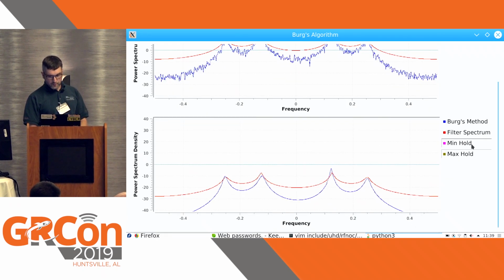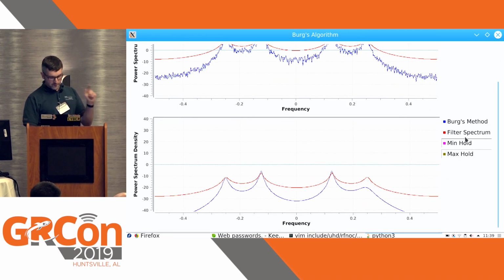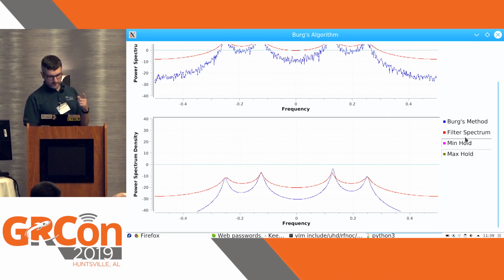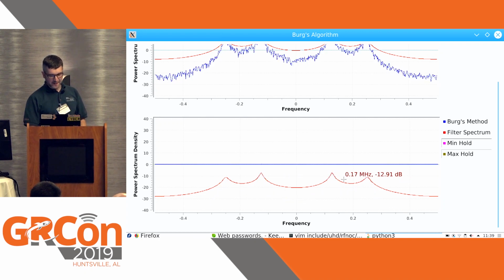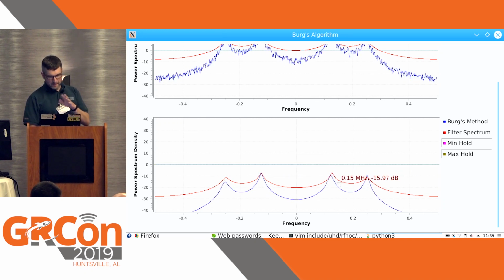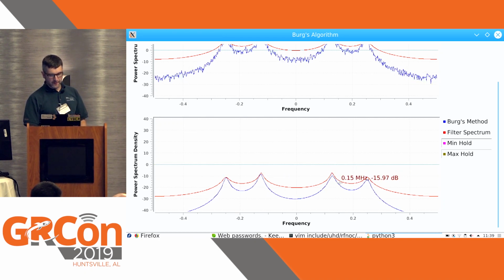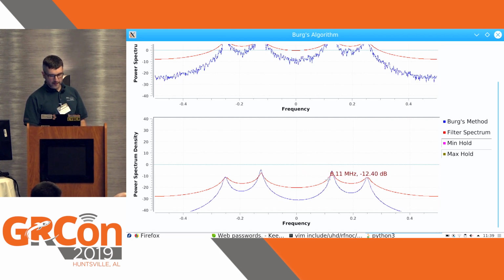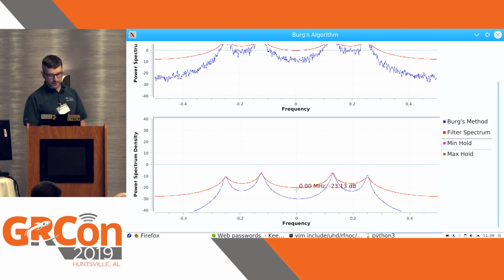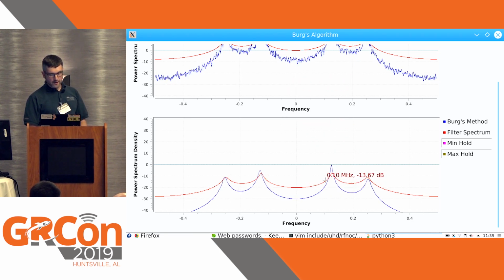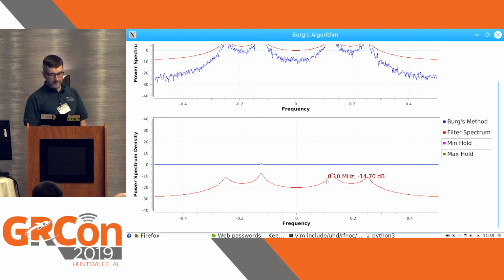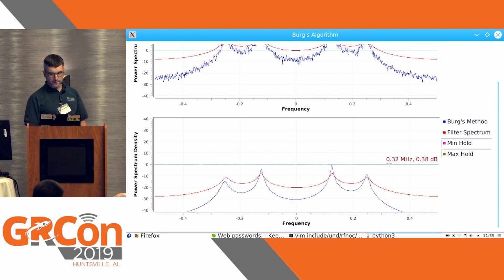And Burg's method, we've told it to figure out which filter was the input to this signal. And I did get the scaling wrong, and I couldn't quite fix it in time for this talk. But other than the bouncy bug, which I think is not part of the algorithm, you can see that the difference between this blue line and this red line is much better than at the top, because I actually get a pretty good idea of what the original coefficients were that went into that.